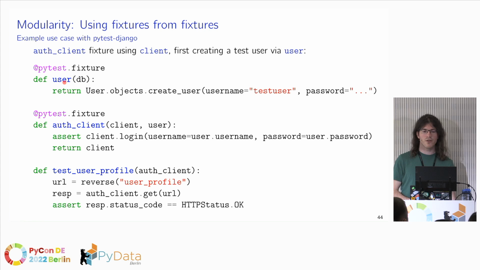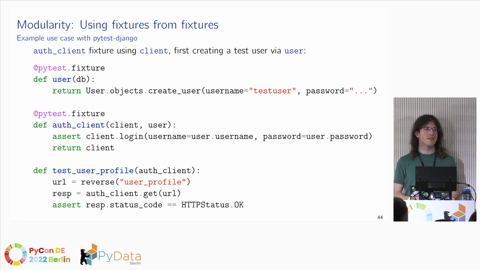A user fixture which creates a user with your web application, just with some test username and whatever password, and returns it. Then we have this client fixture, again from the pytest-django plugin, which gives us a Django test client object. This is basically just a thing we can use to request websites from our web application.